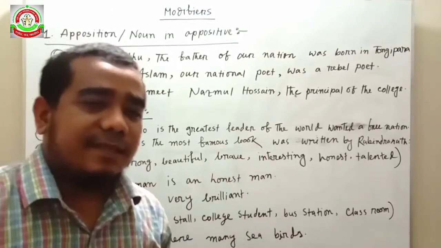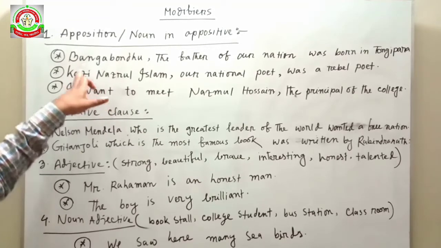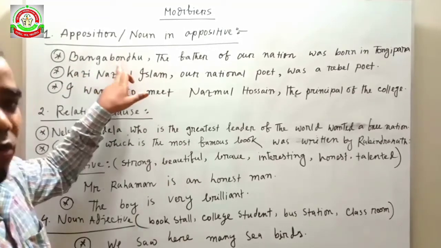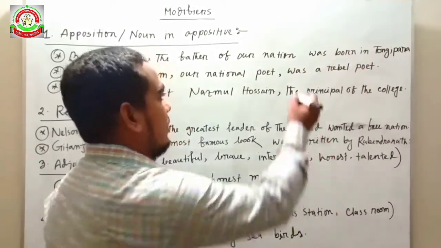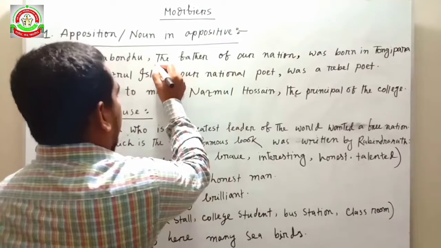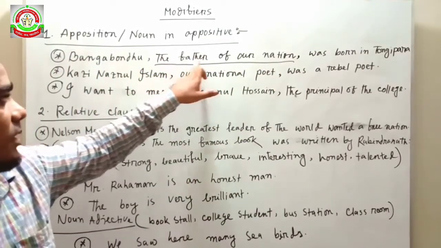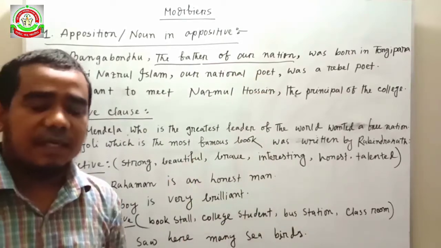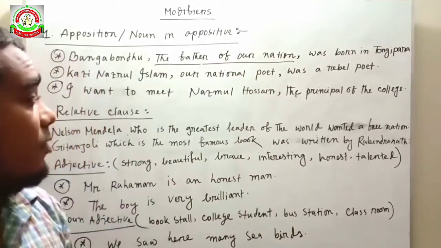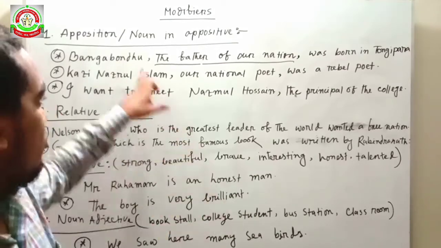Let's see the sentences. Here I have written two sentences. Bongobandhu was born in Tungipara. In this sentence we use the father of our nation, which is an extra phrase used for extra information about Bongobandhu.